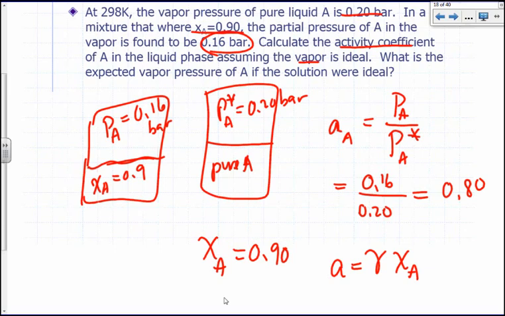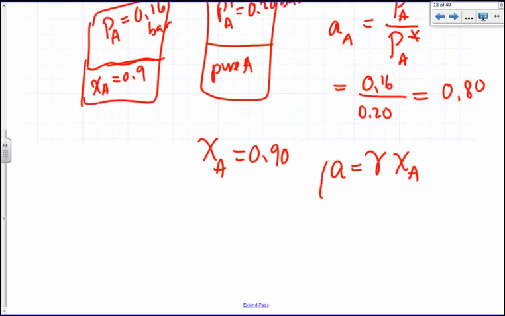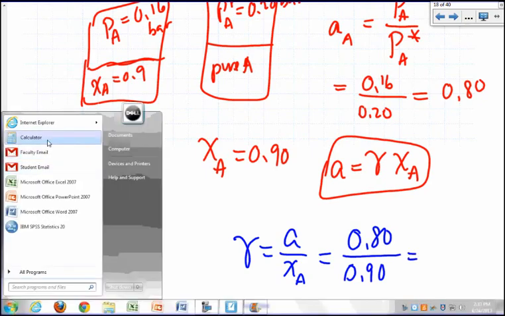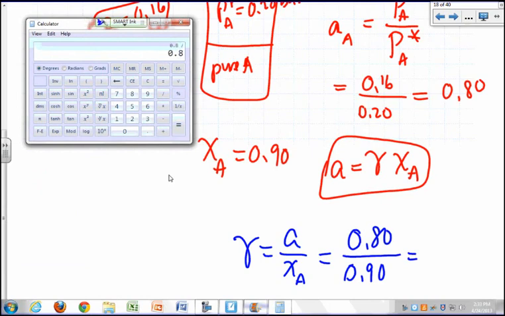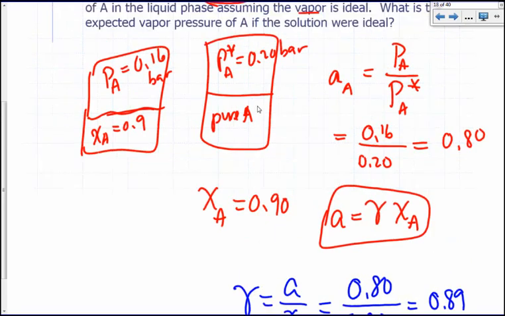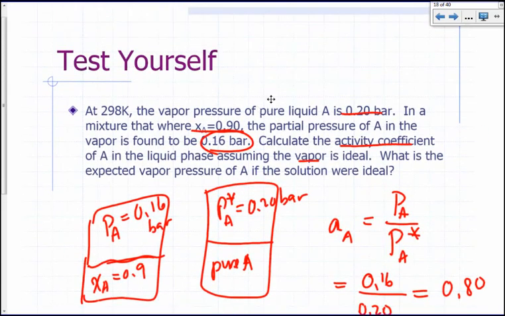So our activity coefficient gamma is equal to the activity divided by the mole fraction. Our activity is 0.8, and our mole fraction is 0.9. So our activity coefficient is 0.8 divided by 0.9, which is 0.89. Okay, so that's how you can measure the activity coefficient for your solvent. You base it on vapor pressure measurements.